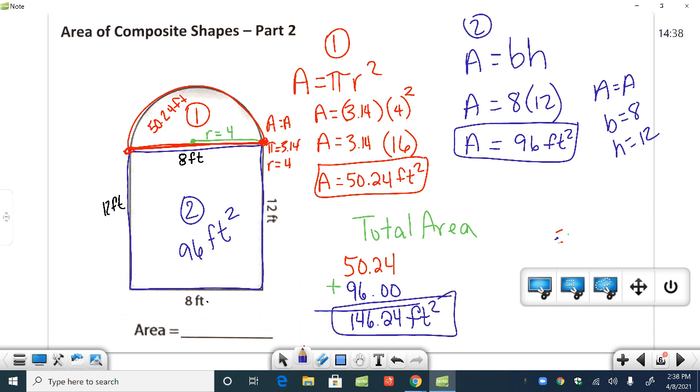That's your total area. I'm just going to double check it because I want to make sure that I have done this right. All right, 4 times 4 is 16 times 3.14 is 50.24. When you add those two together, you get 146.24. There you go.